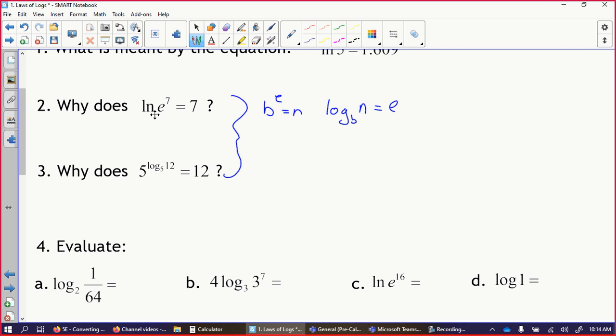Well, this is log base e of e to the 7th. Well, that equals 7. E to the 7 equals the argument e to the 7.